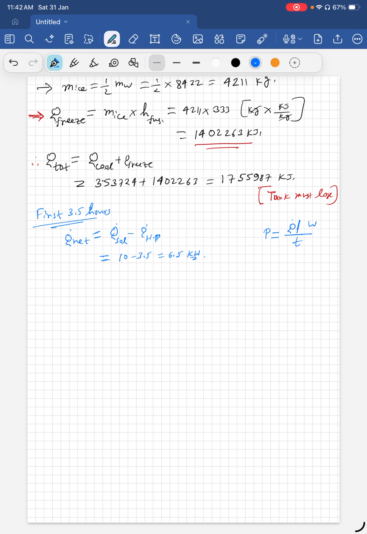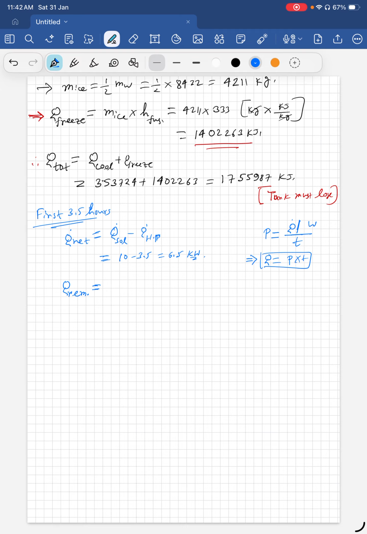So here, the energy removed. I am writing the heat energy removed at 3.5 hours with 6.5 kilowatt, as the power is mentioned, so we can write Q means power into time.